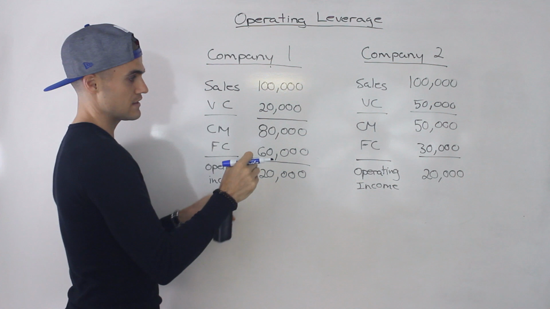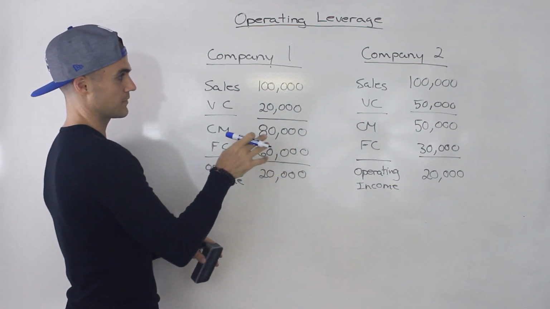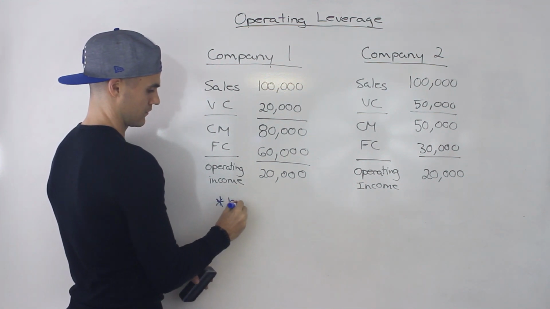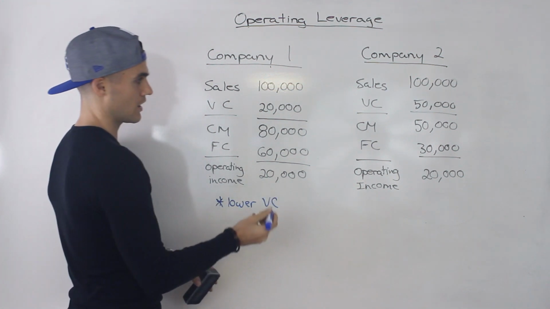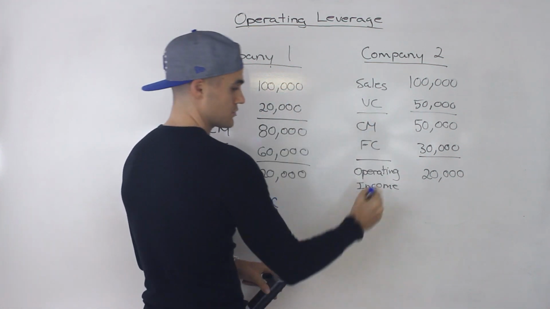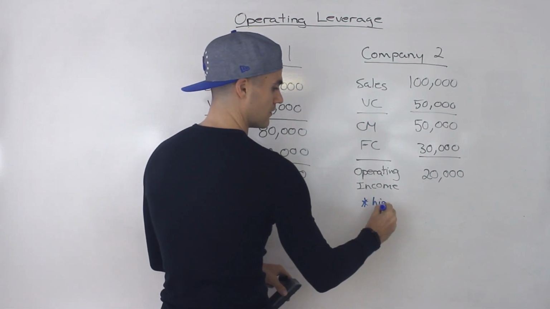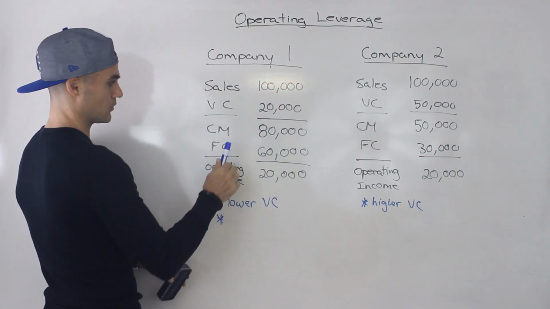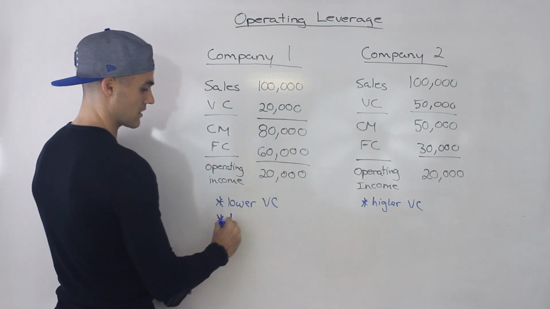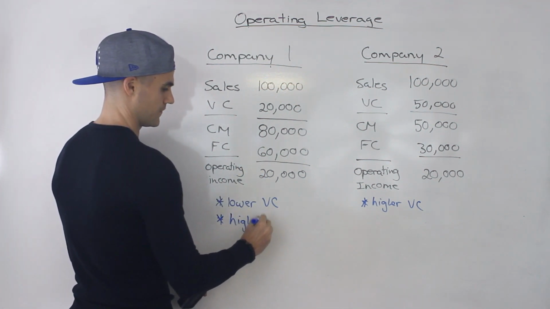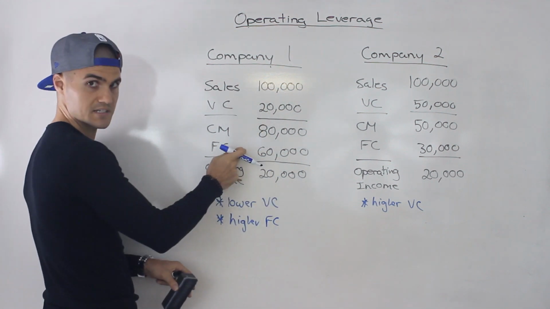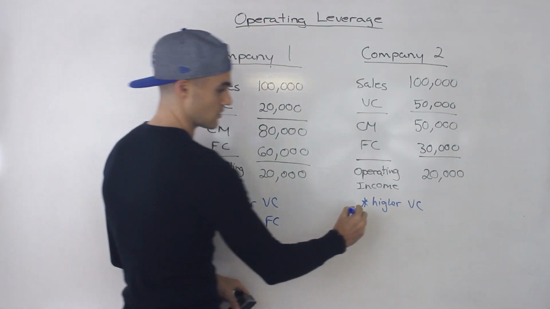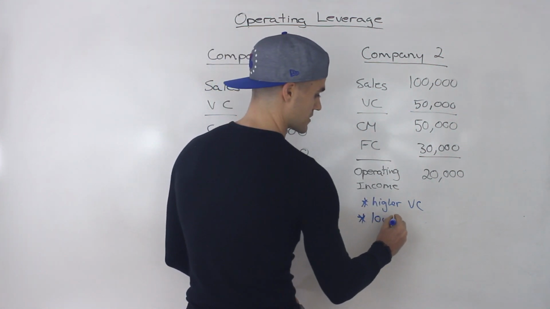But notice that the cost structures are different, meaning that company one has lower variable costs, right? 20,000 versus company two has higher variable costs, while company one has higher fixed costs, right? As a percentage of sales, it's 60% versus here, 30,000 of 100,000, that's 30%. So company two has lower fixed costs.